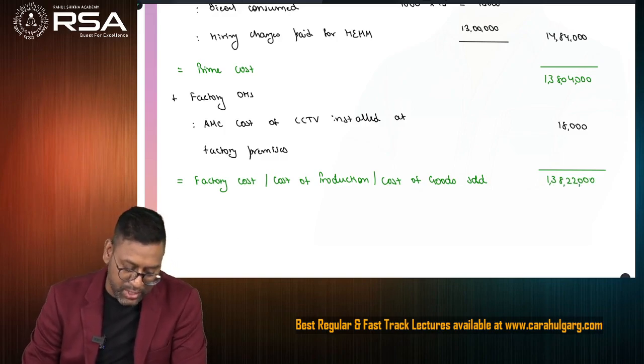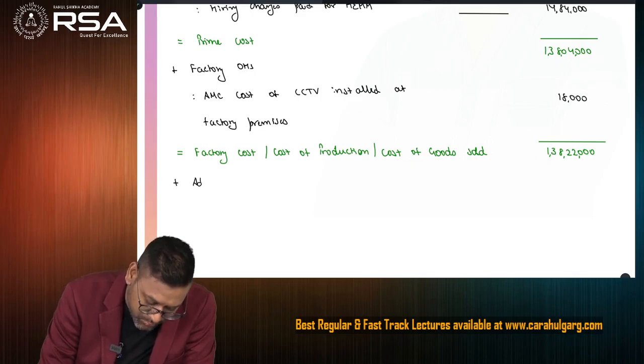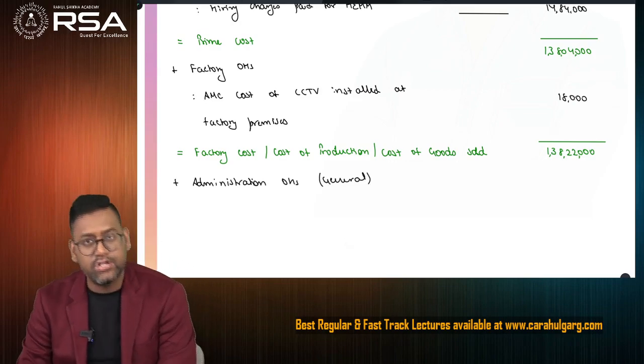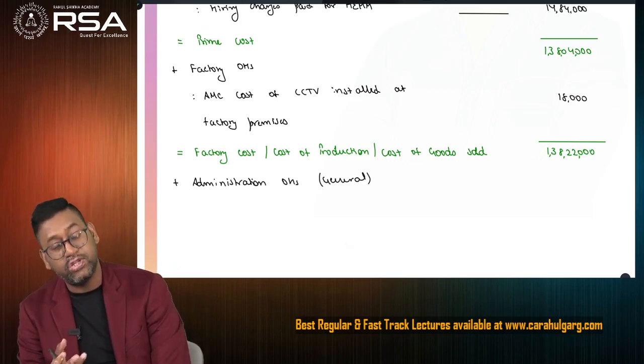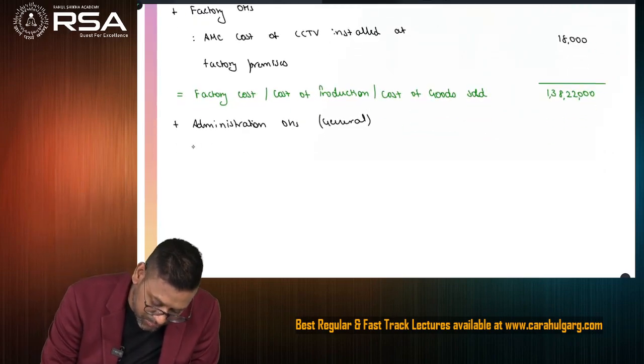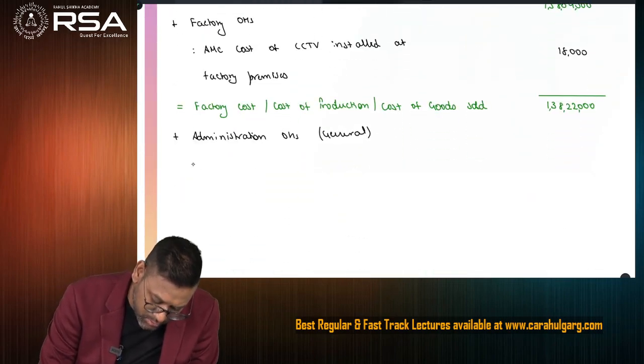After this comes the administration overheads of general nature. Administration overheads, in bracket I write general. So there was hiring charges of car, reimbursement of diesel for that, and GST paid. So 3 things. We write them down as a column.